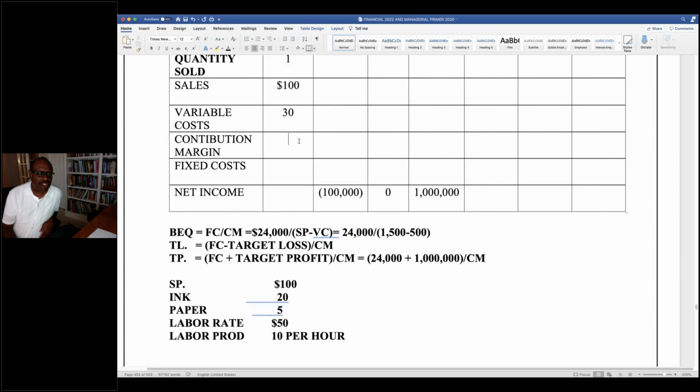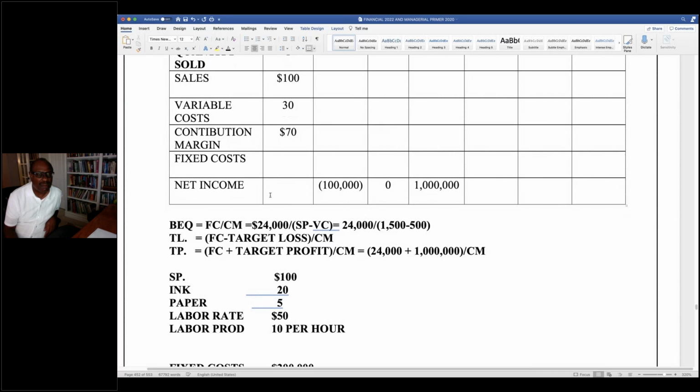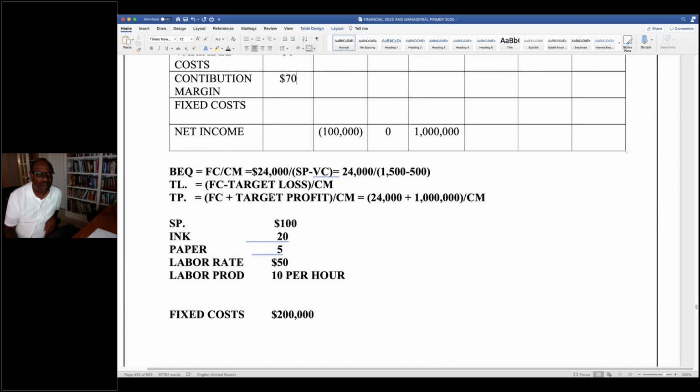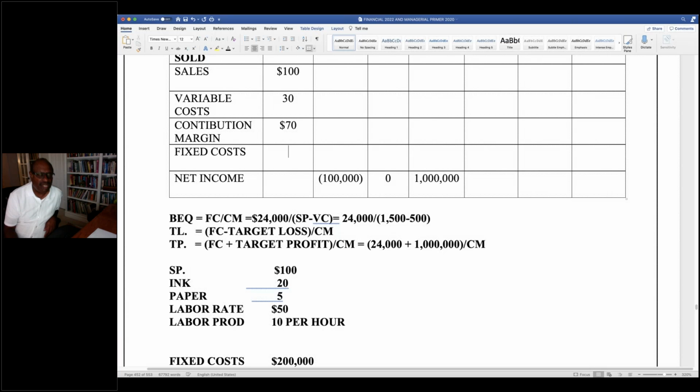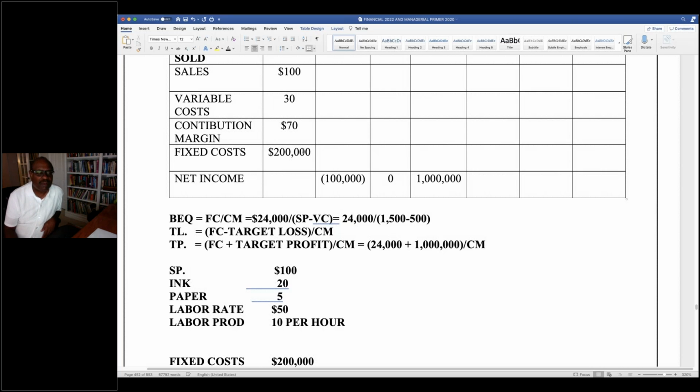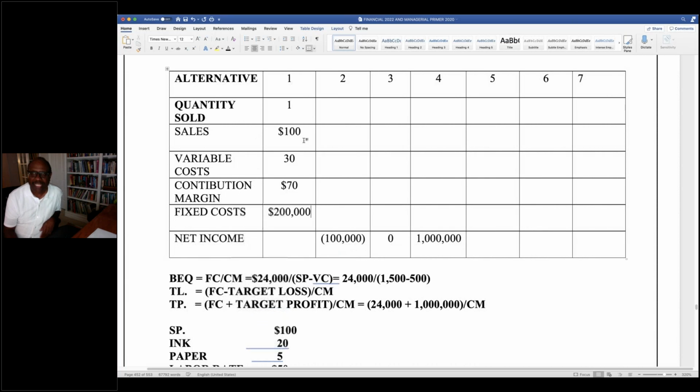But then it's our contribution margin. Might it be $70? You just did 100 minus 30, to get the contribution margin. Yep, that's how we got it.